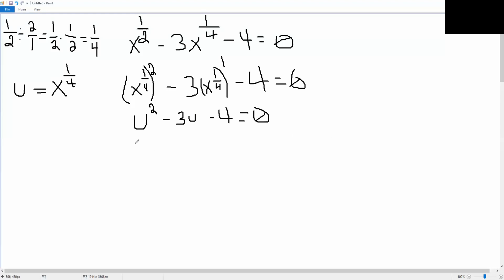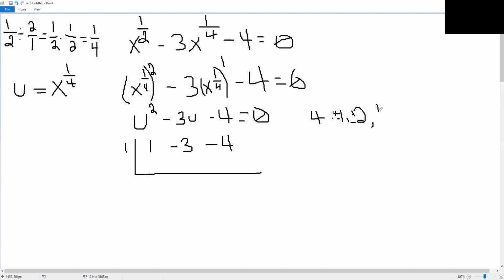Now let's put our little method to use here. We have 1, and we have 1 here, -3 here, and -4. Oh wait, we didn't get our factors. So factors of 4 are just 1, 2, plus or minus, and then 4.